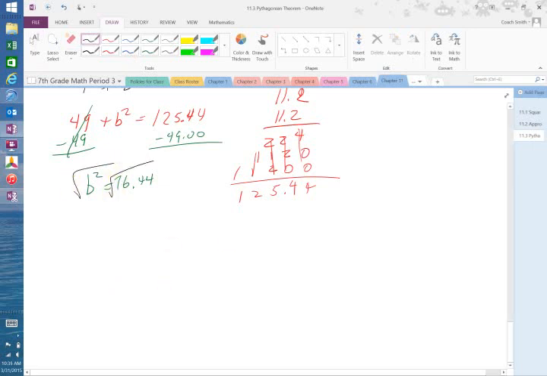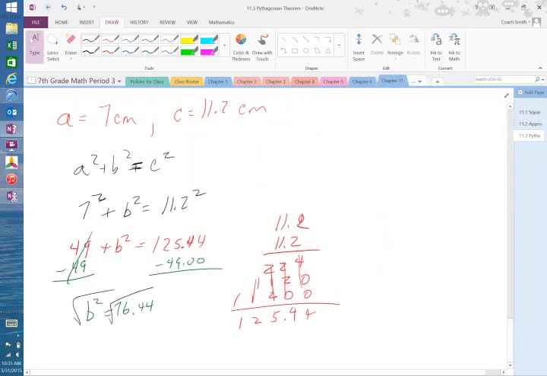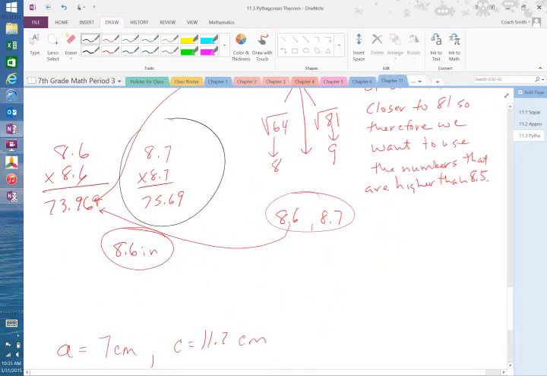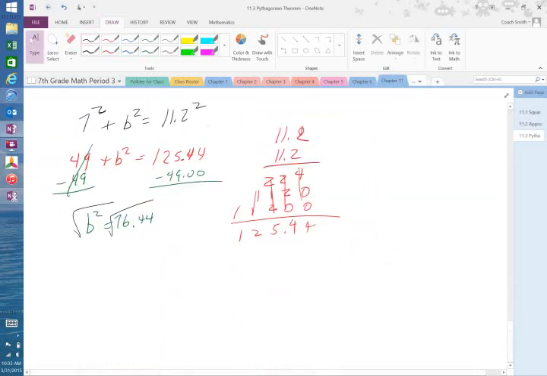So I have to take the square root of it. Well, we've already helped ourselves out. Because what y'all got is 8.7. What'd you get? 75 point what? 75.69. So up here, we did 8.7 times 8.7, 75.69. So I need somebody to do 8.8 times 8.8.